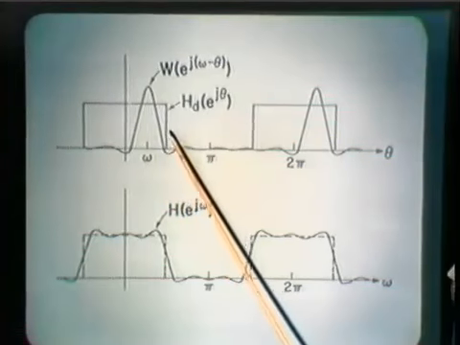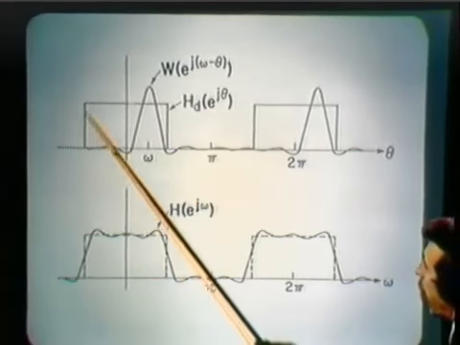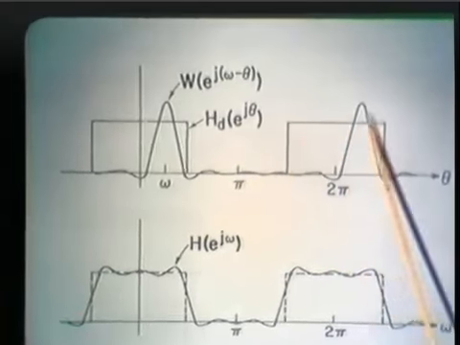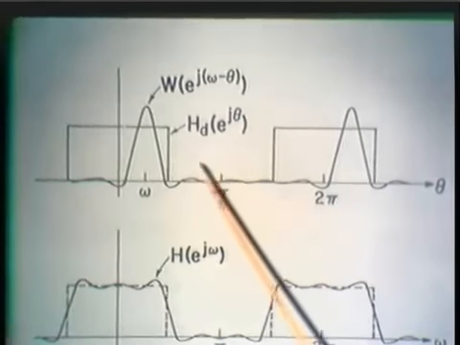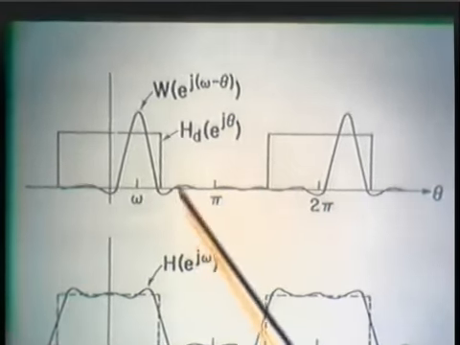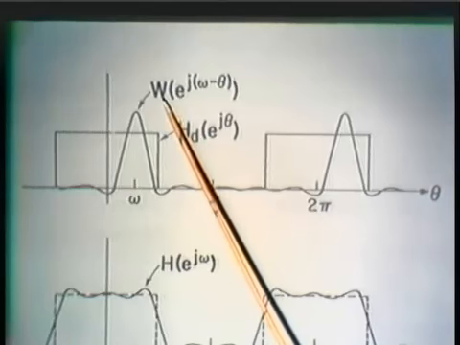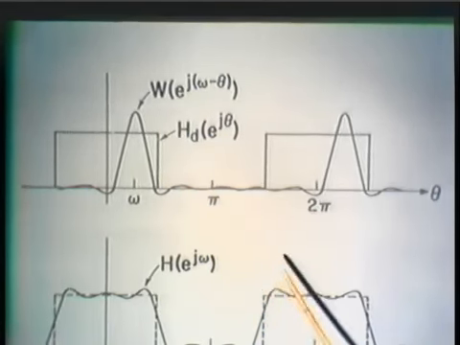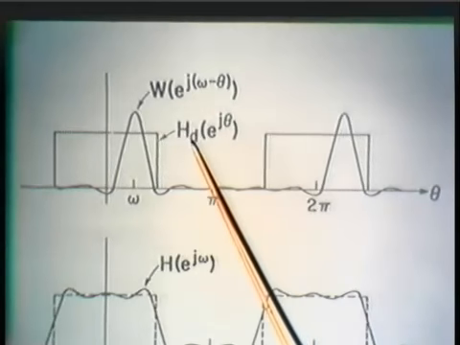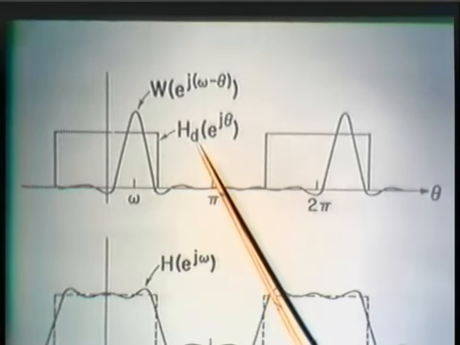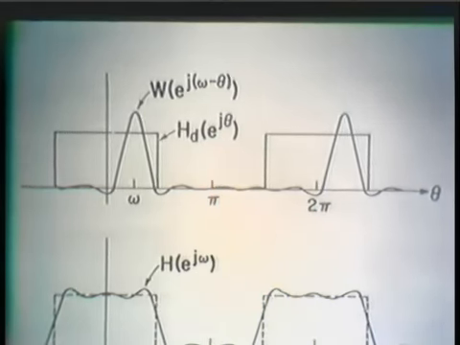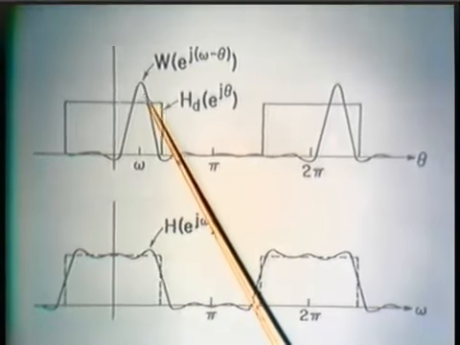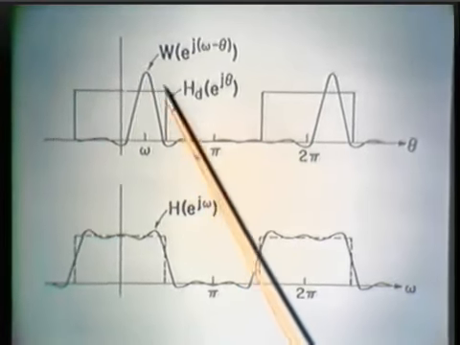That's depicted here, where we have the ideal low-pass filter, and superimposed on top of it is the Fourier transform of, in this case, a rectangular window. The resulting overall frequency response of the finite impulse response filter is obtained by convolving these two together.